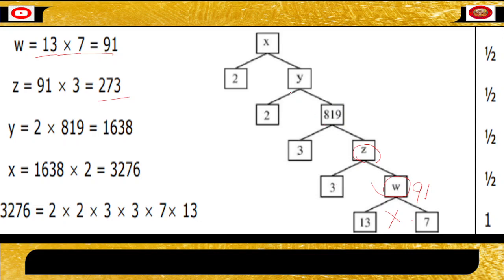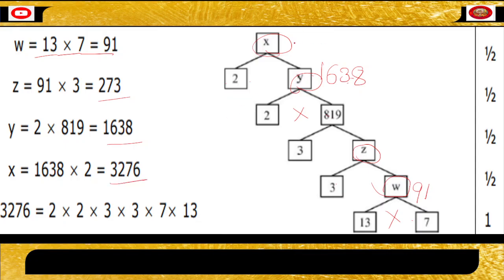Next they ask the value of y. The value of y should be 2 into 819. 2 into 819 is 1638. That is the value of y. The value of y is 1638. Next, they ask the value of x. The value of x should be 2 into 1638. That means 3276.